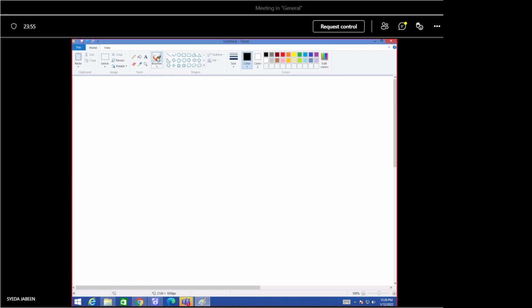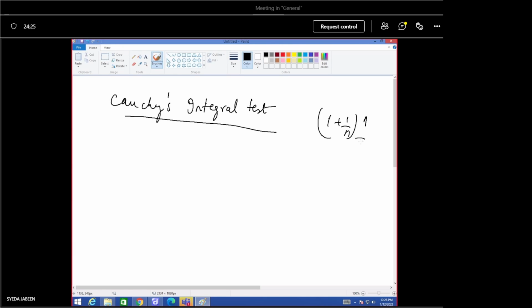ठीक है, नाउ लेट अस कम टू कॉसी इंटीग्रल टेस्ट. Somebody was saying about the Cauchy integral test, how when we convert the series. Ma'am, before you wrote one series, n+1 by n+2 whole power n. Ma'am, if we take the limit of that, we are getting 1 by e, right? Yes, 1 plus 1 by n whole to the power n is e. Yeah, you are right.